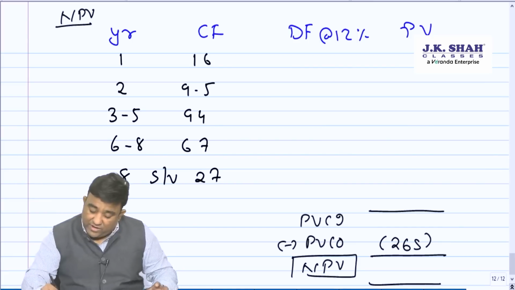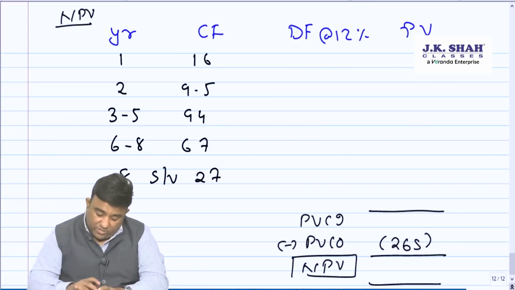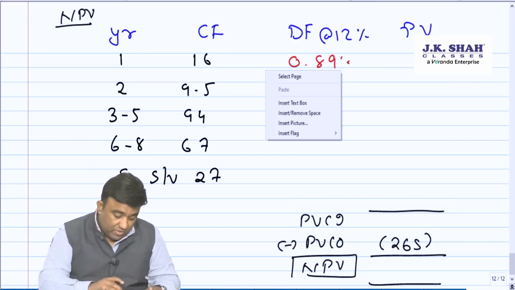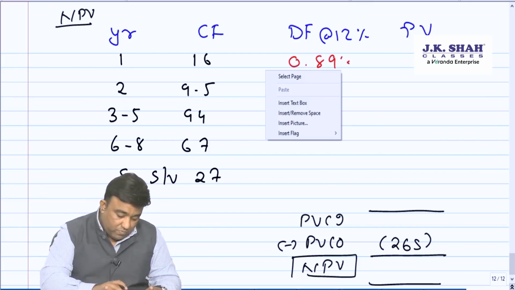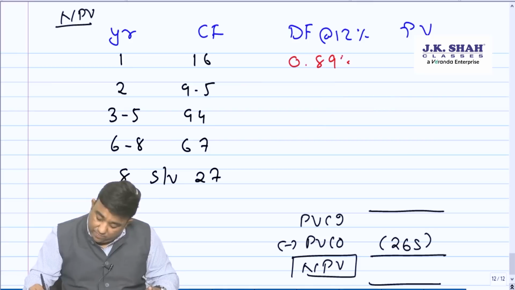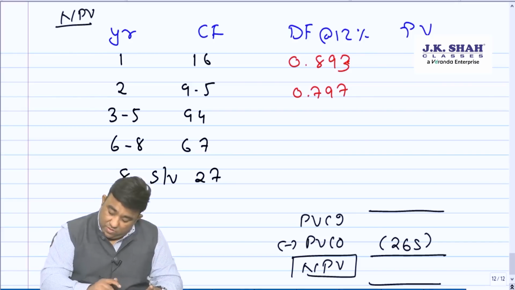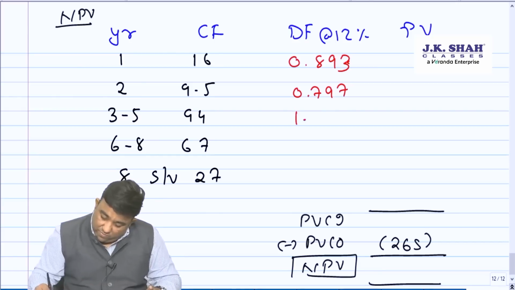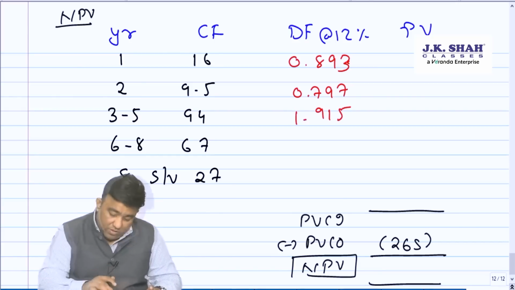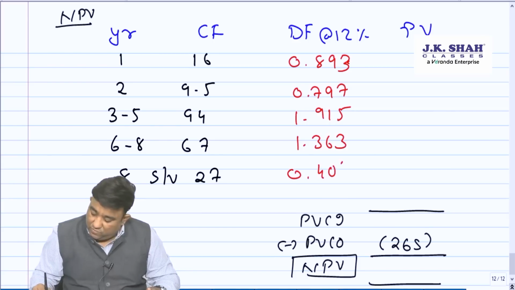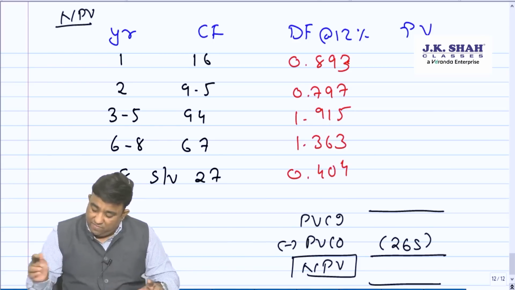Let me have my discounting factors ready. That is 1 divided by 1.12 is 0.893. Thereafter, it is 0.797. Thereafter, 3 to 5 is 1.915. 6 to 8 is 1.363. And 8 is 0.404. Can I multiply and derive my answer?